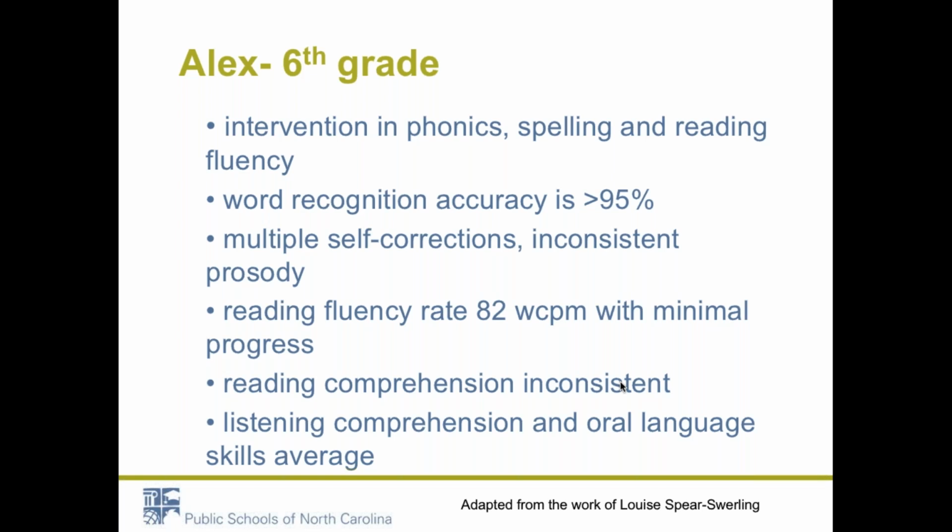However, it's noted that he works really hard to decode unfamiliar words. He makes many self-corrections, and he has inconsistent prosody. Although he's accurate, his reading fluency rate has made minimal gains, and he's currently at 82 words correct per minute, which is well below grade level.